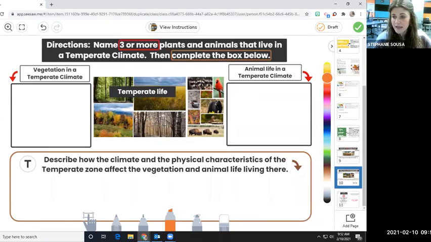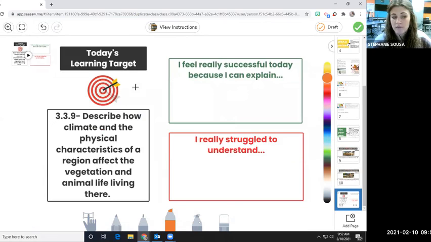On slide 10, you're going to do the exact same thing, but this time it's about temperate, okay? So this time you'll name 3 or more temperate animals or plants, and then how that climate affects them living there, okay? As always, you have your success criteria where you will tell me if you feel successful or if you struggled to describe how climate affects animals and plants, okay?